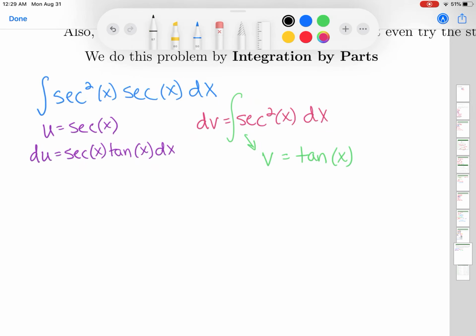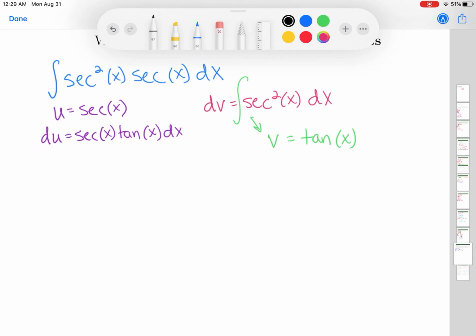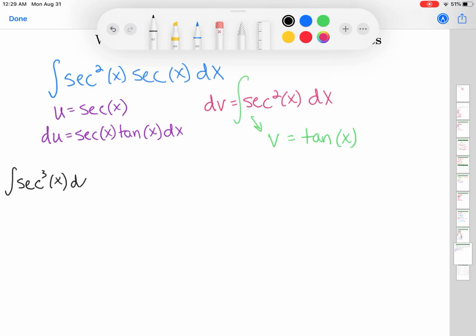Okay, so I know the way this is going to go, so I'm going to go ahead and write my original integral over here. I'm going to try to keep this nice and neat for the most part. So my original integral was the integral of secant cubed x dx.